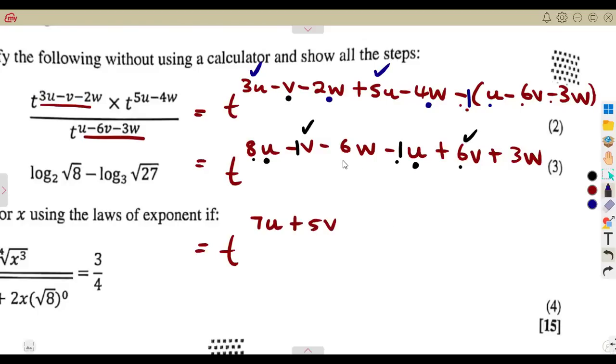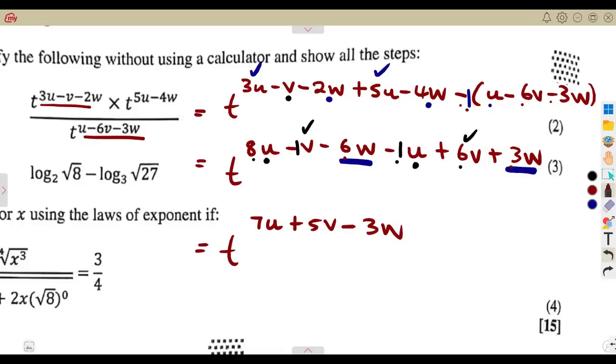The part of w, there's a minus 6w here and a 3w here, so minus 6 plus 3, that is minus 3w in that case. As we can see, this cannot be simplified further. We're done. There's nothing that we can do here.